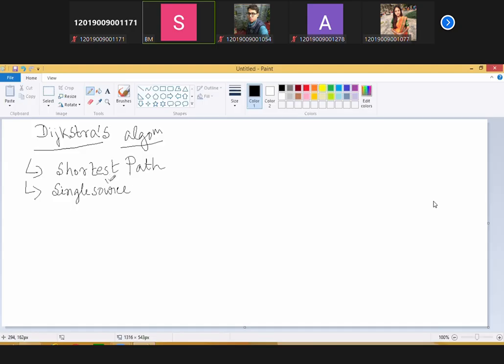Means throughout the procedure, or in one total execution, you can consider only one single source. And another very important thing is that it can be used with positive weight only. Single source shortest path algorithm, and it is applicable for positive weight only.